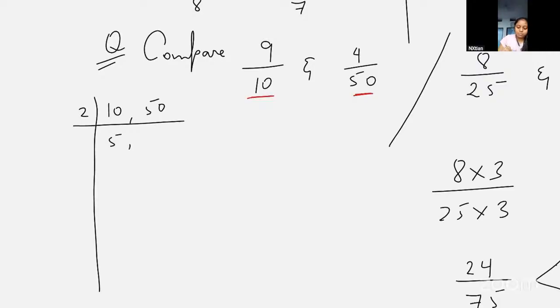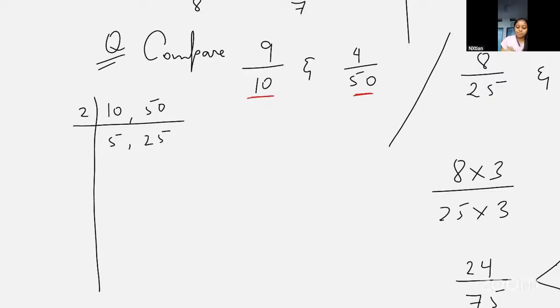In the table of 2, 50 is coming how many times? One trick: just half of 50, which is 25. So 2 into 25 is 50, and I will write 25.